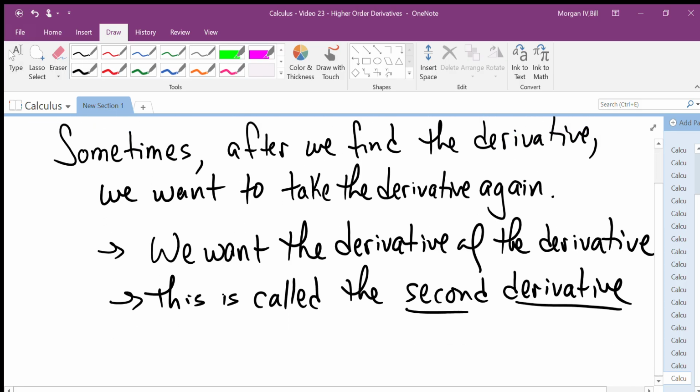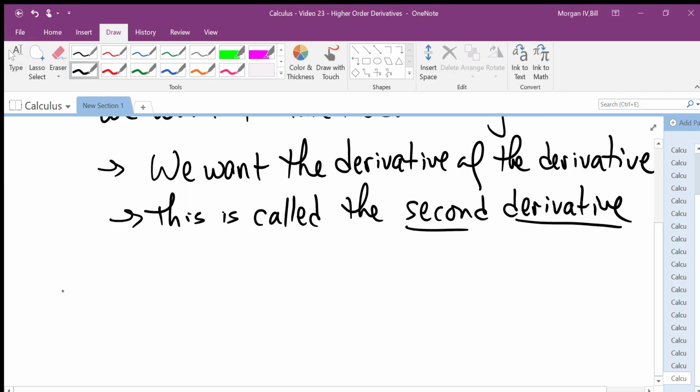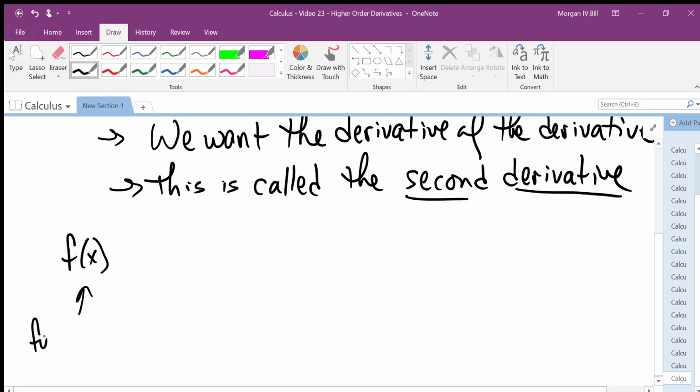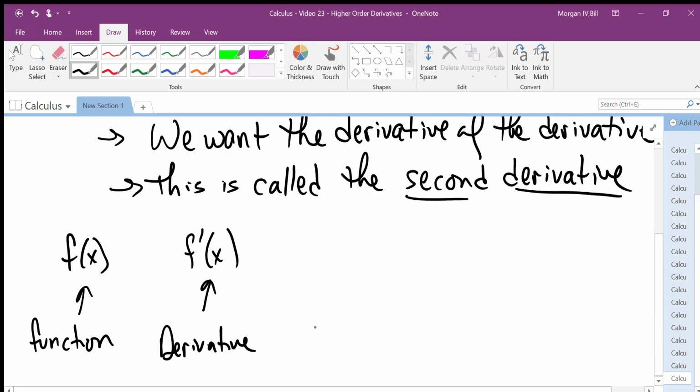So a little bit of notation here. If you have your original function f of x, the derivative is f prime of x. If you want the derivative of the derivative, you get what is called the second derivative, and we label that f prime prime of x.